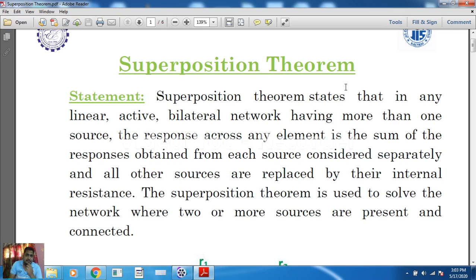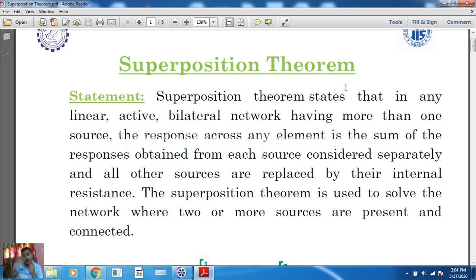Now the point is how we can solve using the theorem. If a circuit contains two or more sources, maybe voltage, maybe current, we consider a single source at a time and remove the other sources. Using that source we find the branch currents and branch voltages.